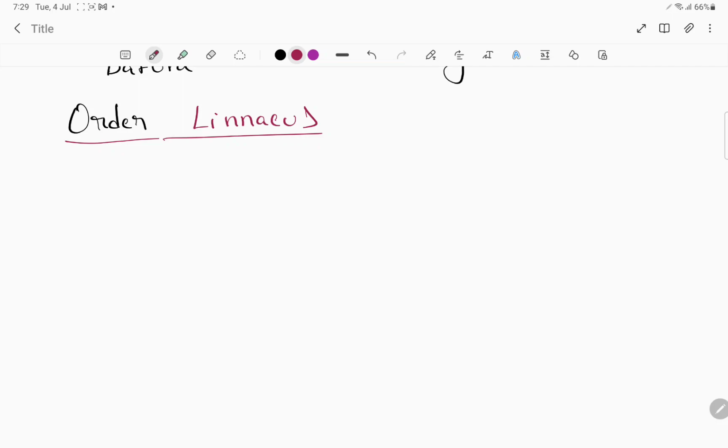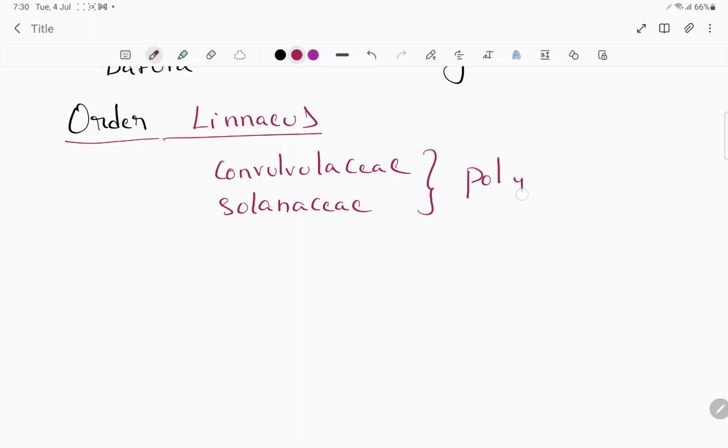Families like Convolvulaceae and Solanaceae are put in the order called Polemoniales. Both come under Polemoniales based on floral characters, and the names end with ales.